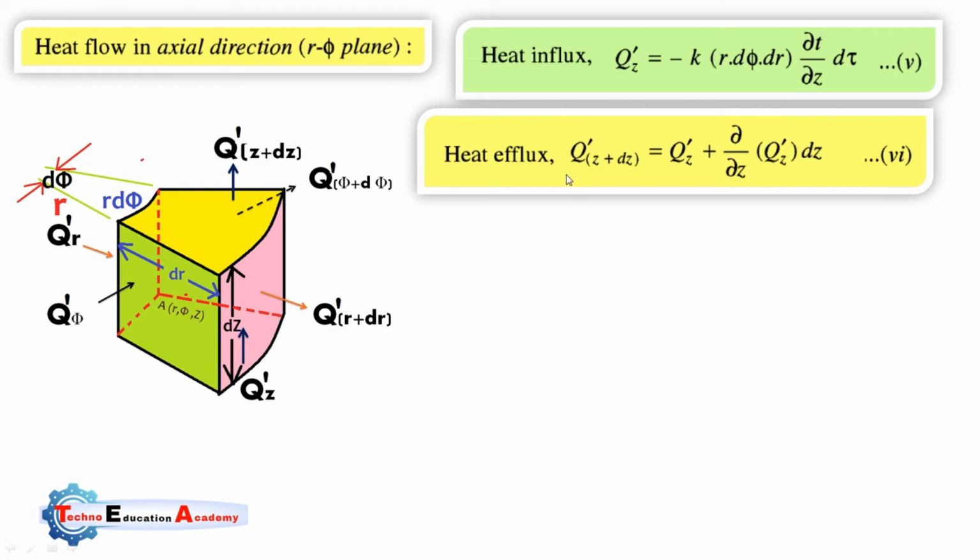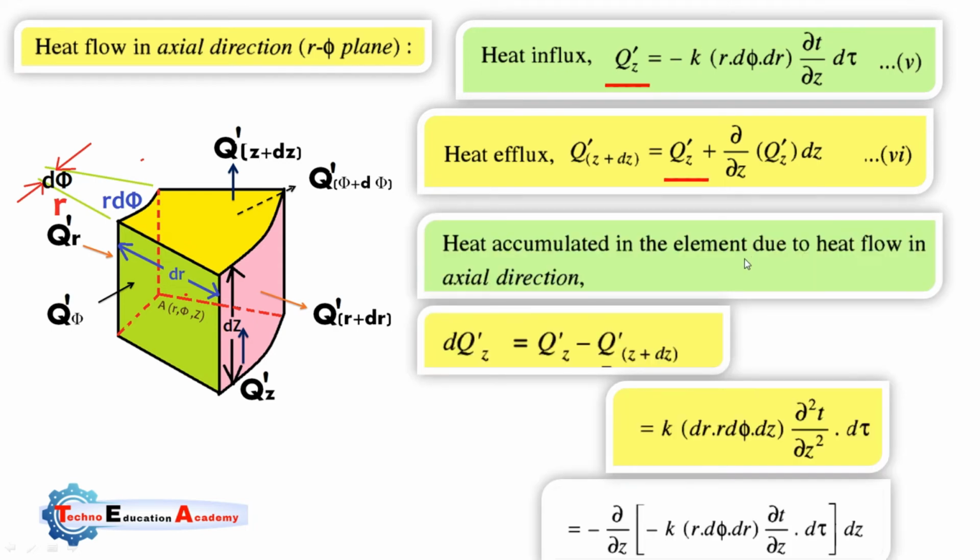Same as the heat exit in the axial direction equal to q'z plus dz equal to q'z plus del by del z into q'z into dz, which is called equation 6. So here the heat accumulated in the element due to the heat flow in the axial direction. So here we subtract the value of equation 6 from equation 5.